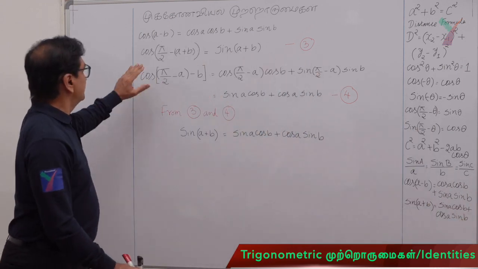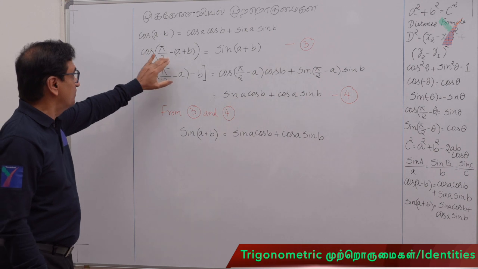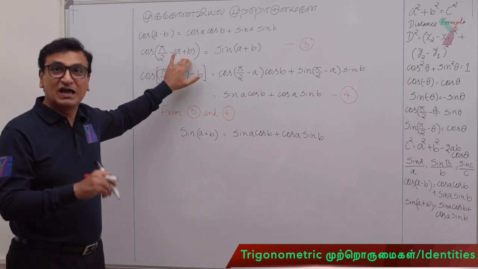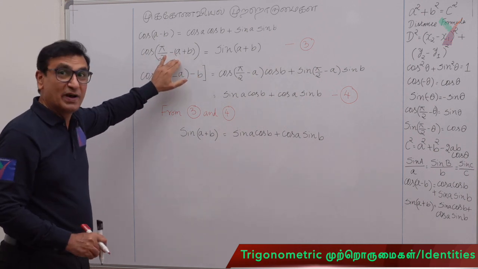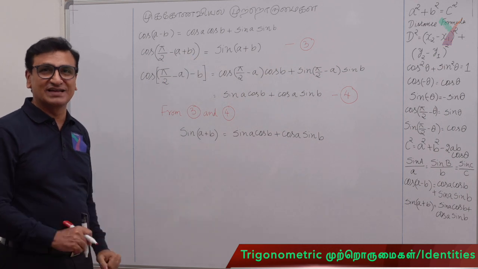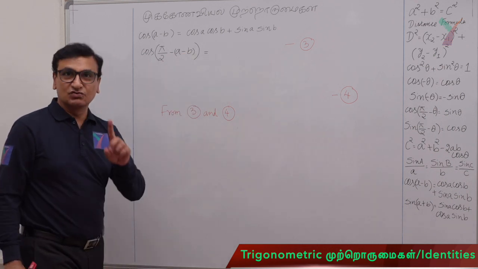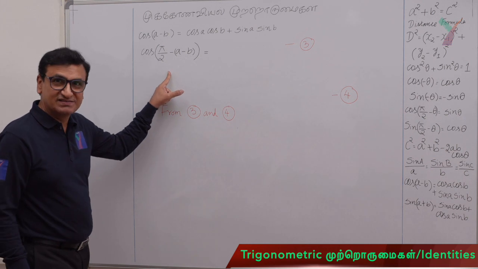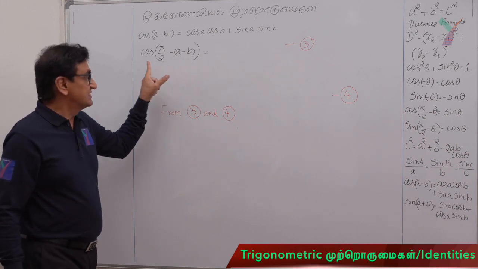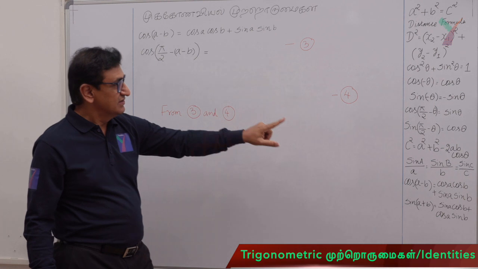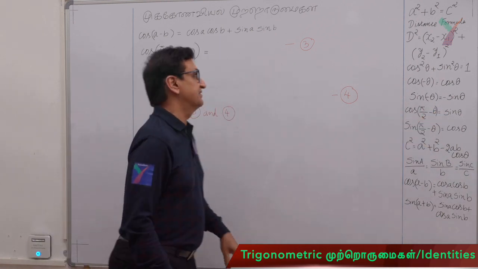Now, instead of using cos(pi by 2 minus (a plus b)), next I'm going to do cos(pi by 2 minus (a minus b)), and let's see what we get. So cos(pi by 2 minus (a minus b)) would be sin(a minus b). You see, cos(pi by 2 minus theta) is sin theta.